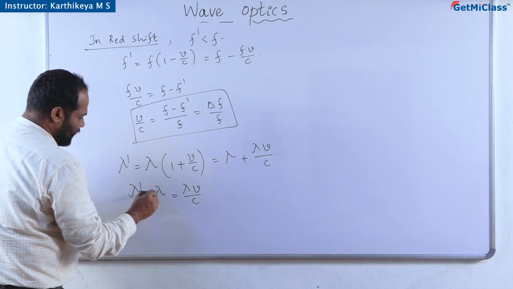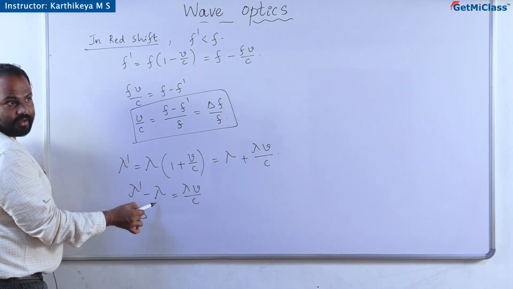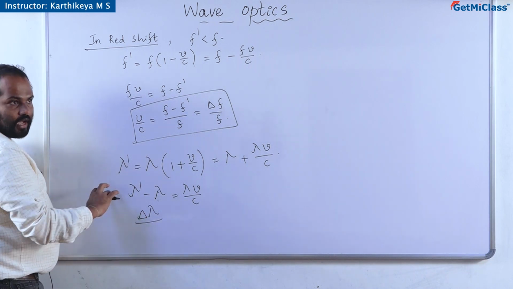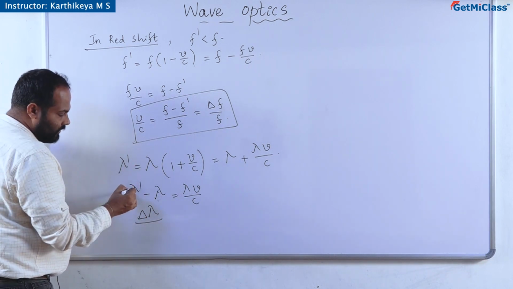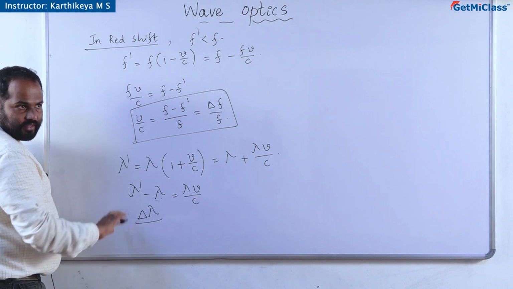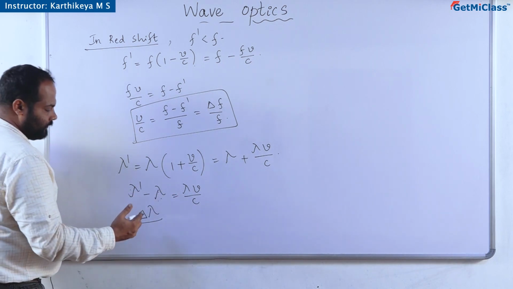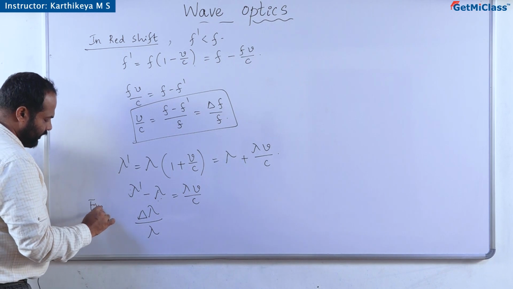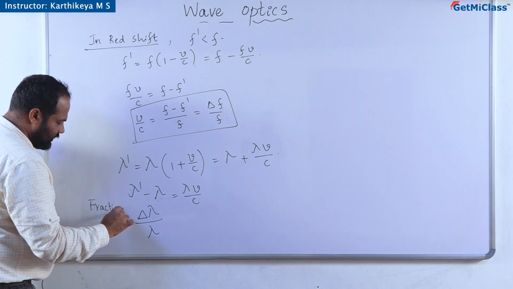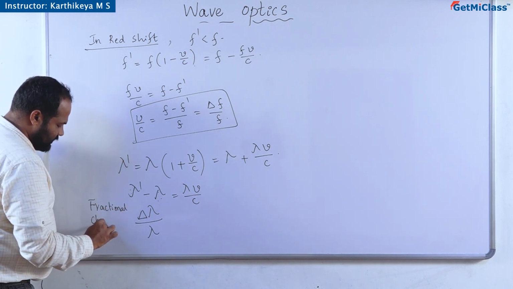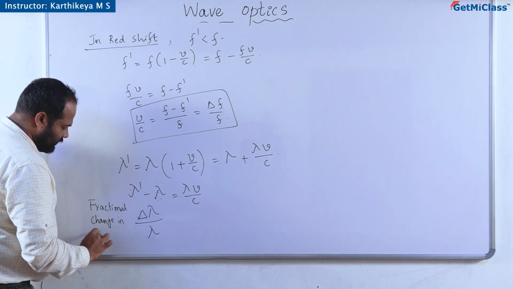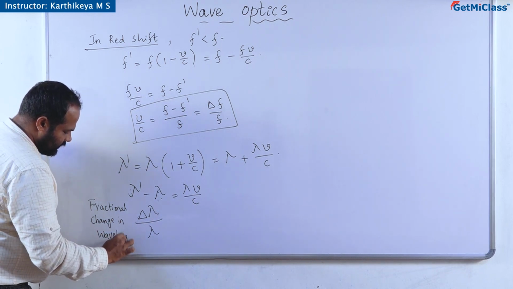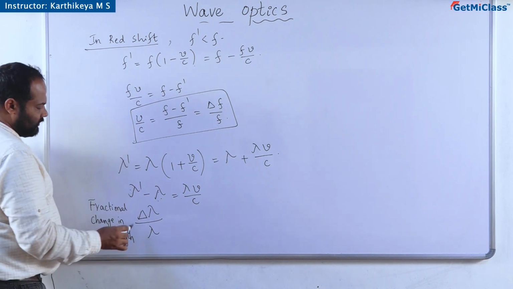Lambda dash minus lambda is delta lambda, the change in wavelength, apparent wavelength minus actual wavelength. Change in wavelength to the original wavelength is the fractional change in wavelength.